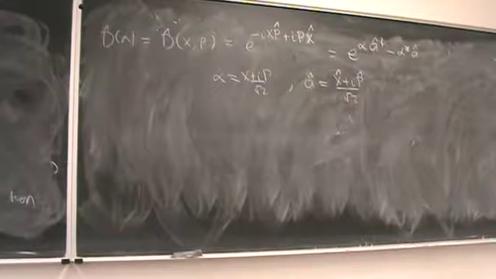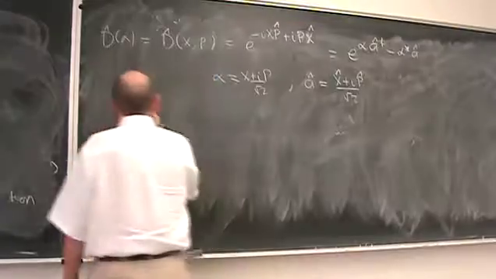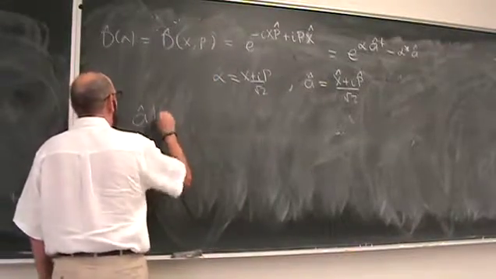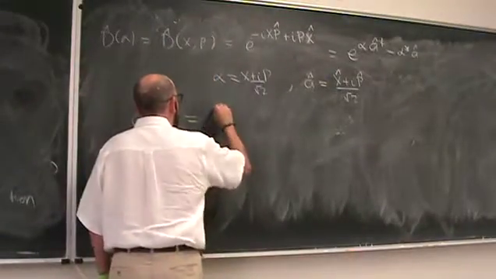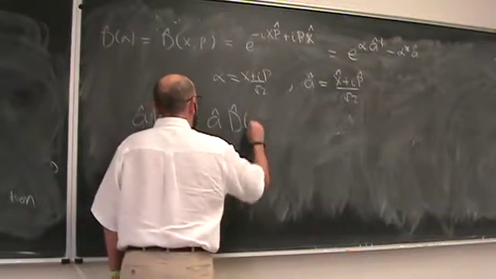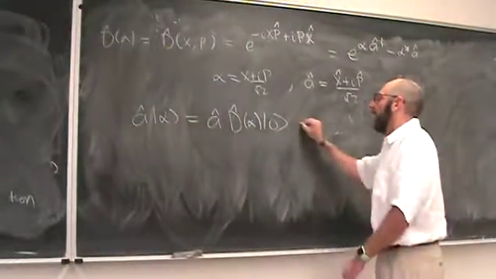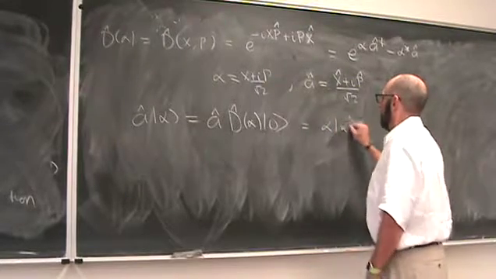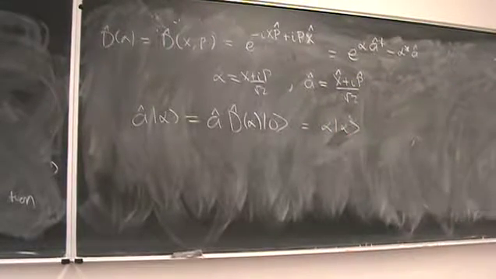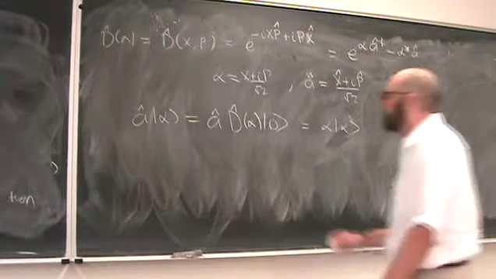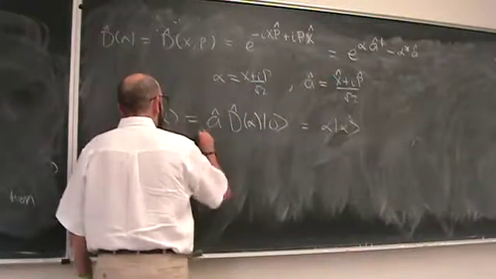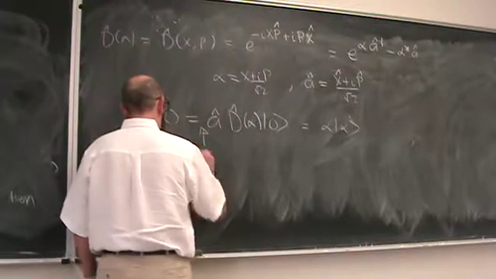I claim that if I look at A acting on alpha, which is that, I get that. How can I prove that? Well, one way to quickly do it is to stick in a D dagger.